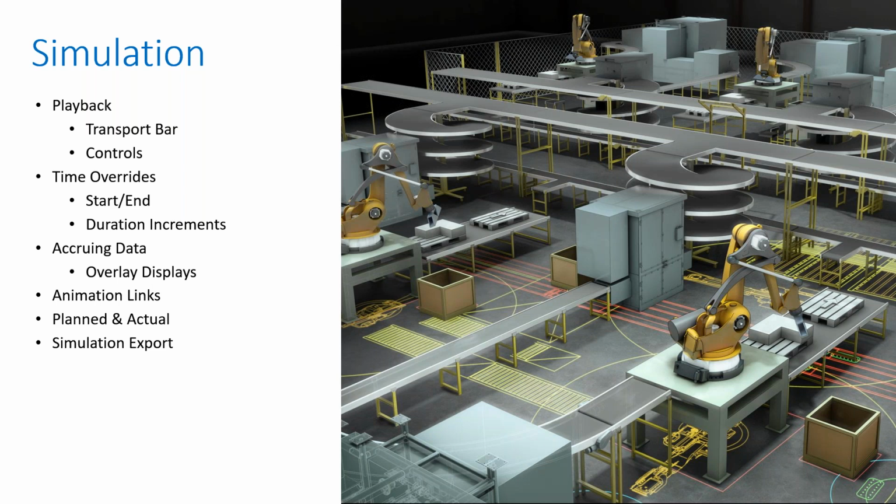Things will be appearing and disappearing off the screen depending on the task type that they've been attached to, and they will follow the set of rules that we gave it in terms of transparency and colors, etc. So we'll have a look at how we play back a simulation and the basic controls of the transport bar.